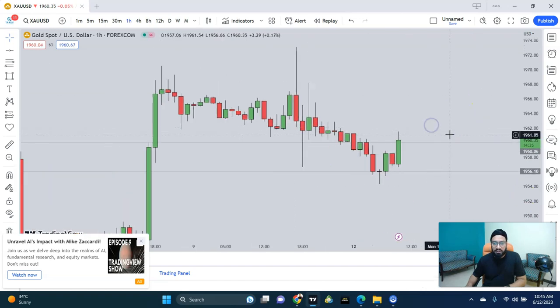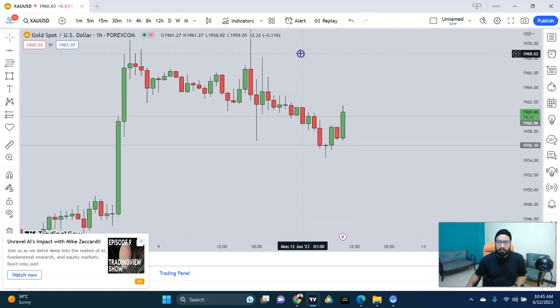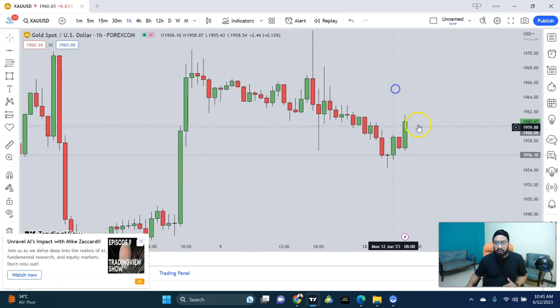So if I have to take a trade, I cannot plan out my trade easily, because if we have to go bullish from here, you can see the range is not clean. There are so many resistances on the 1-hour chart.